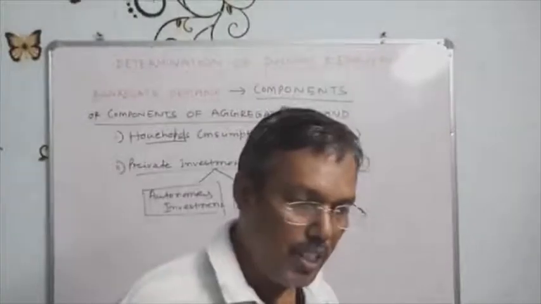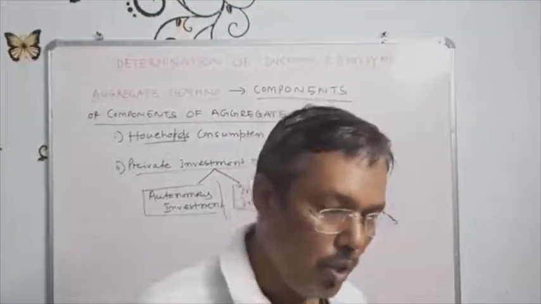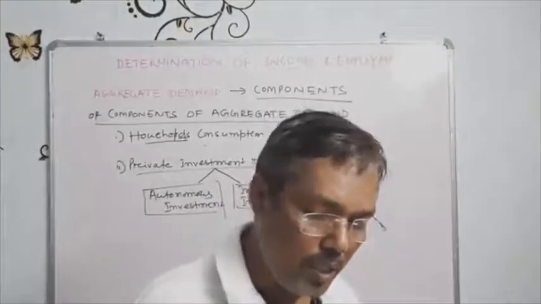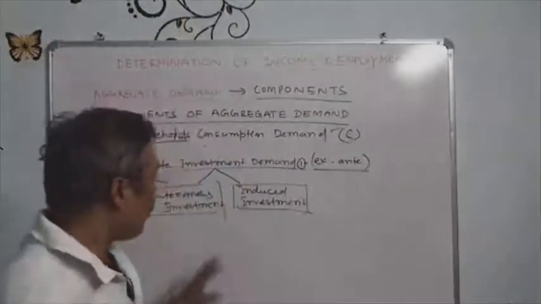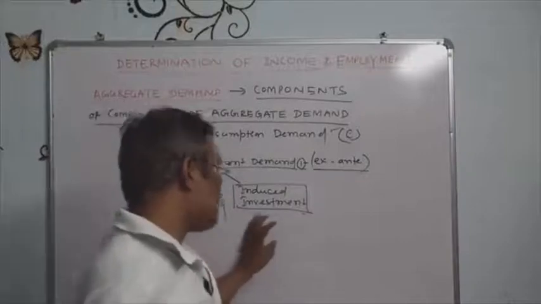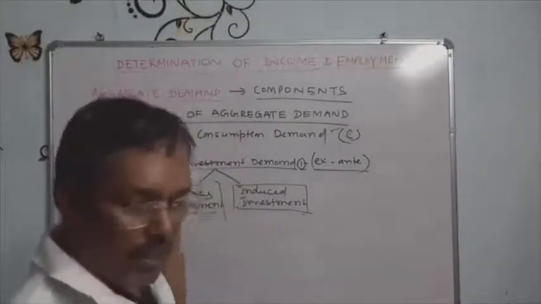And when your investment increases to earn more and more profit and production, that is called induced investment. It means autonomous investment will remain the same and induced investment may increase. We will discuss all in detail later on.